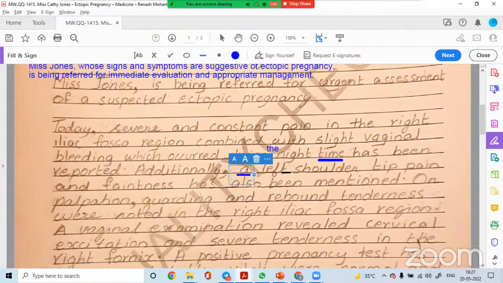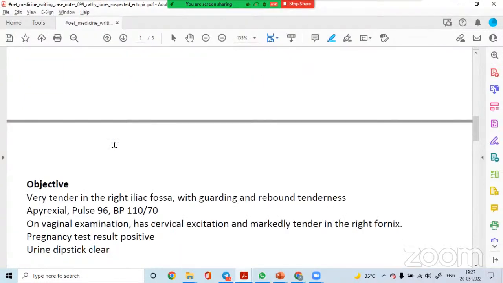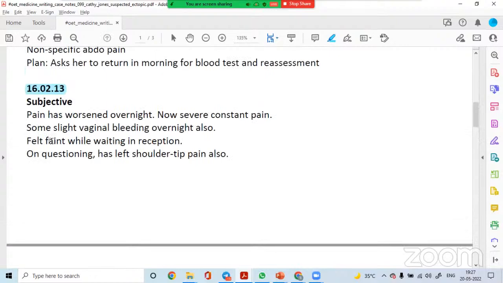Or left shoulder tip pain and faintness. What do you mean by faintness here? Felt faint. Faint while waiting. Not very clear.